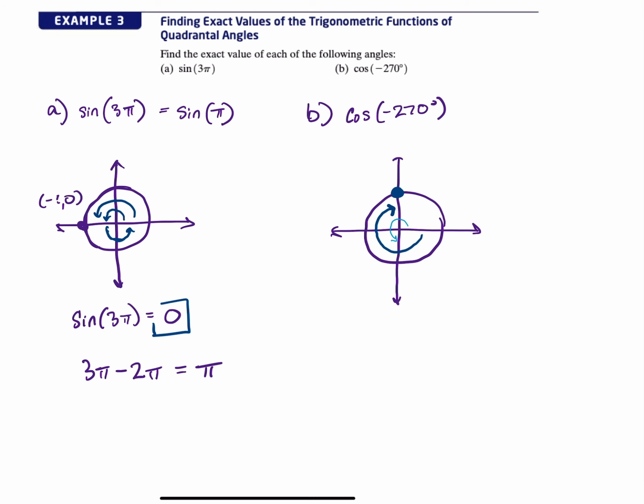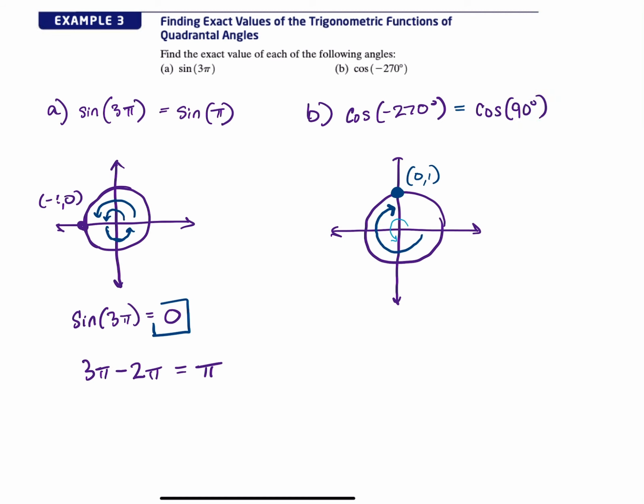So it'll end coterminal to 90 degrees, or pi over 2. So this is the point 0, 1. So we can say cosine of negative 270, well, that should be the same thing as the cosine of 90 degrees. They're coterminal.